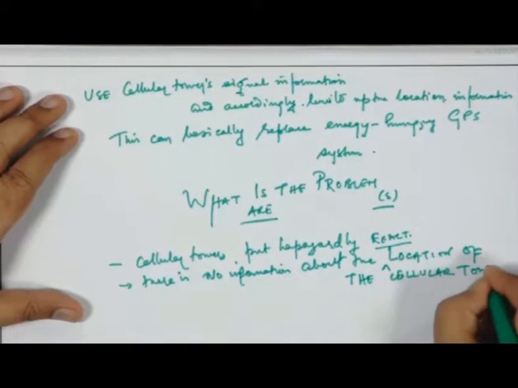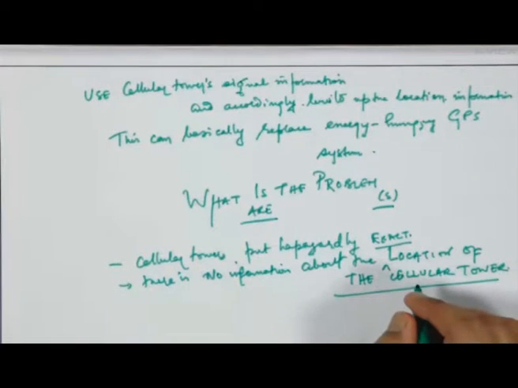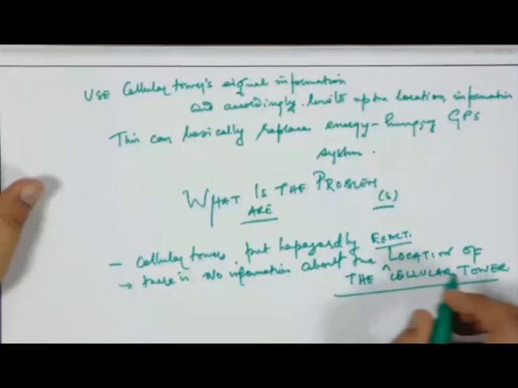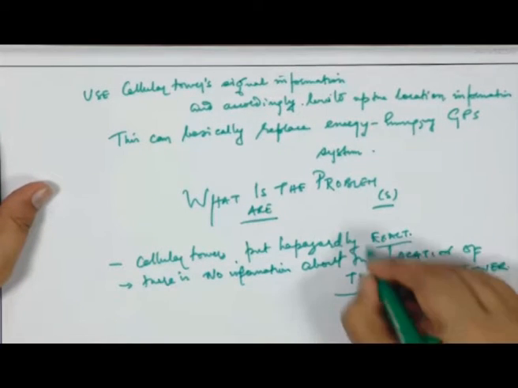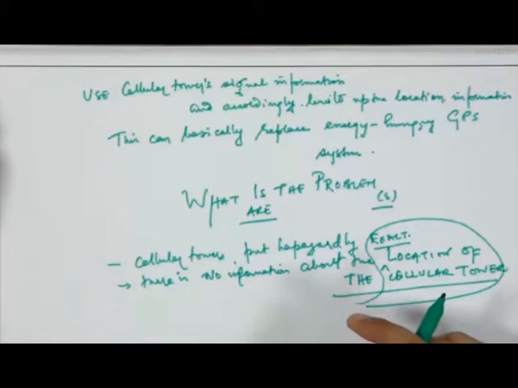So this paper will try to locate the cellular towers. In the previous paper we used base stations to locate individuals.